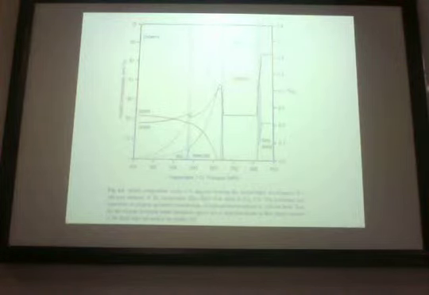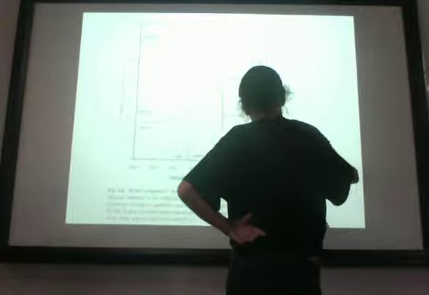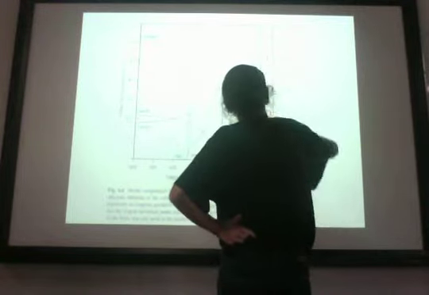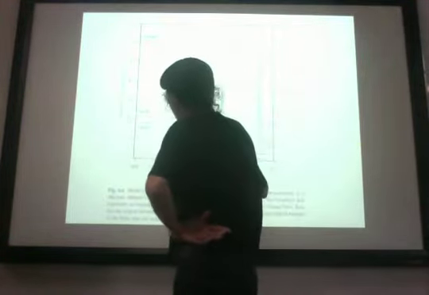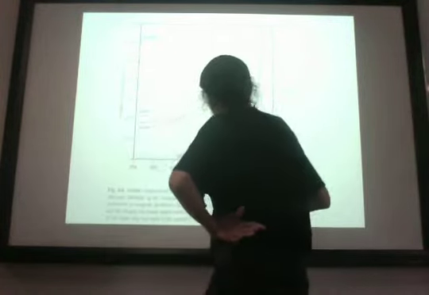So these are all fluid-controlled mineral reactions. Here in this diagram on the x-axis we have the temperature, here we have the XCO2, that means here we have a water-rich fluid, here we have a CO2-rich fluid, and here we have the modal composition in volume percent.